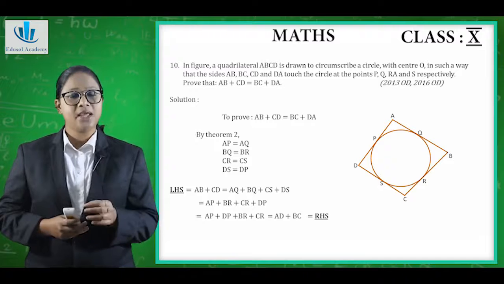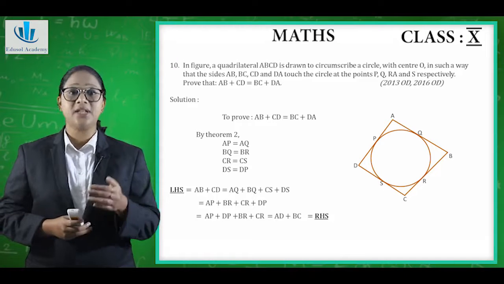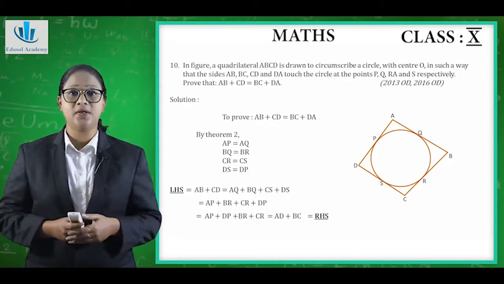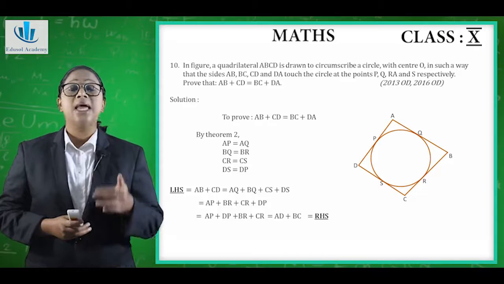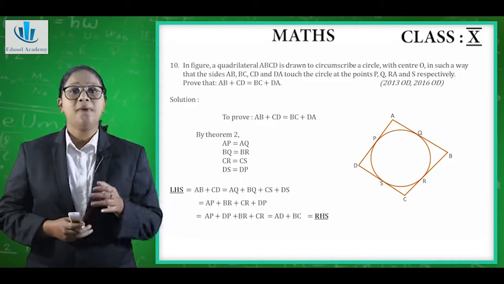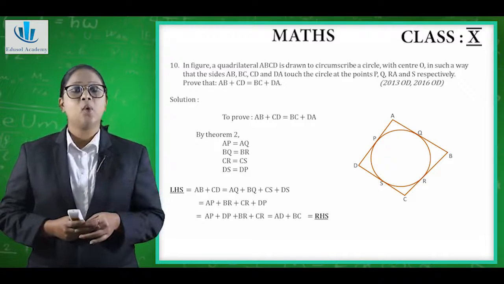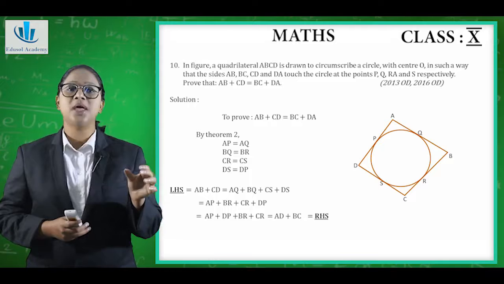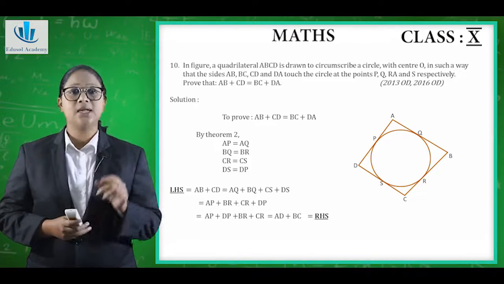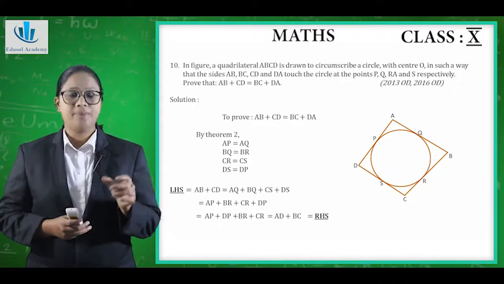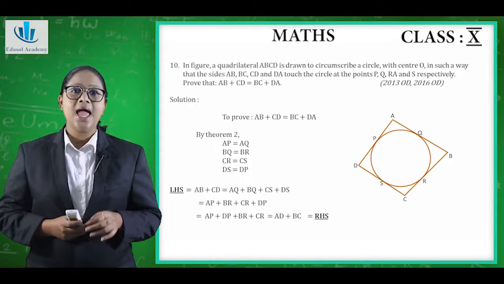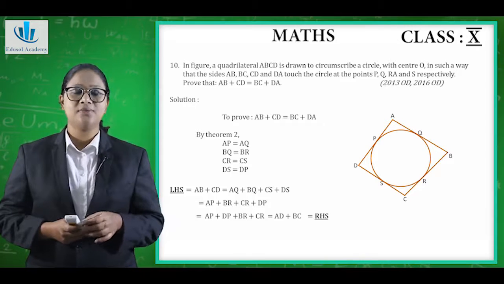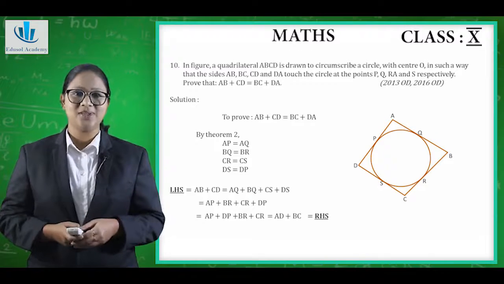Now AQ, BQ, CS and DS can be replaced with their equal values. So the equation becomes AP plus BR plus CR plus DP. Now AP and DP can be written together and BR and CR can be written together. AP plus DP will give you AD and BR plus CR will give you BC, hence proved.